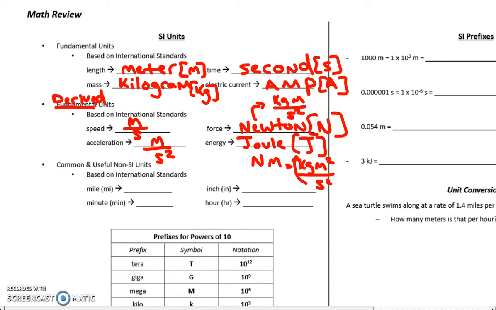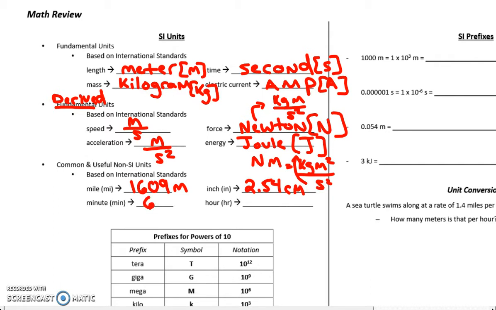So we will be, on occasion, converting in and out of the metric system, and these will not be numbers that you need to know off the top of your head, or a few of them you already know. Miles to meters, there's a little over 1,600 meters in 1 mile. There are 2.54 centimeters in an inch.